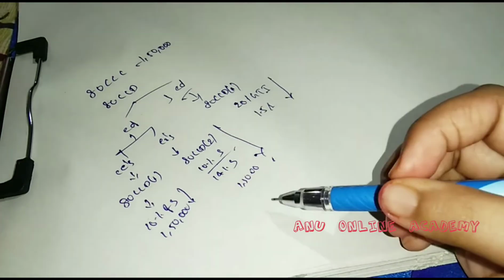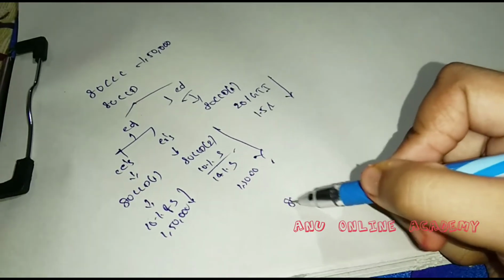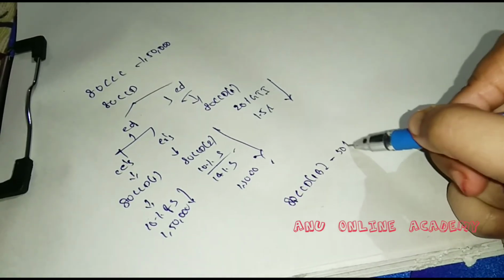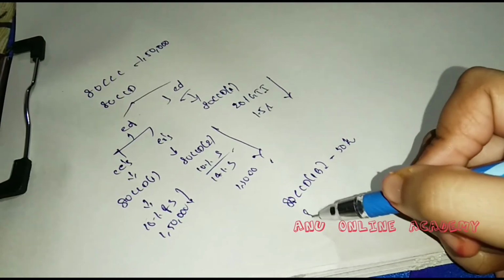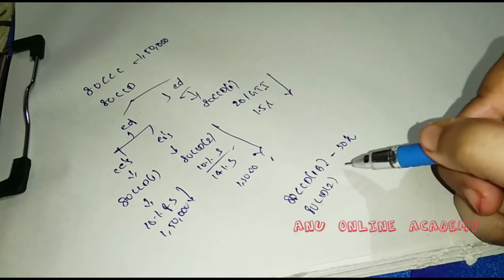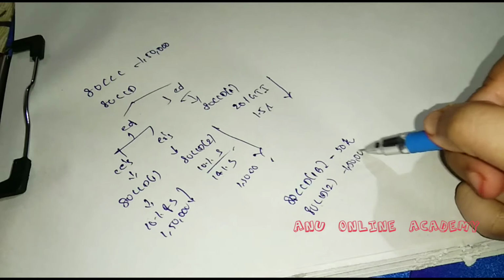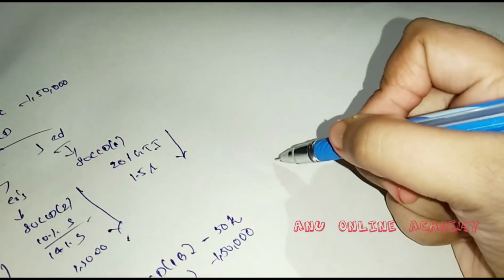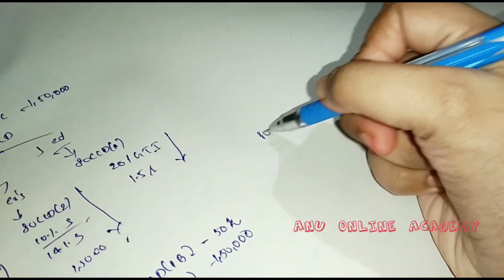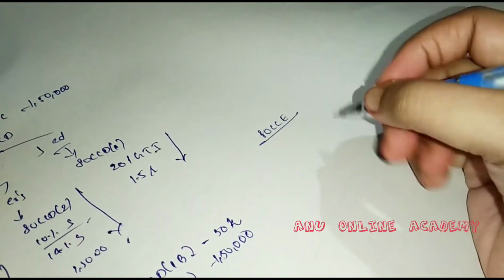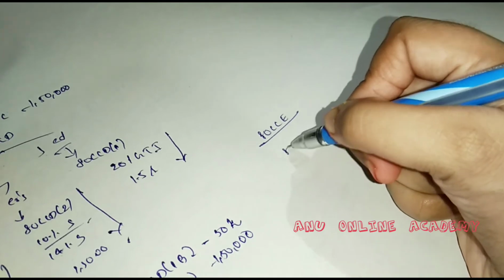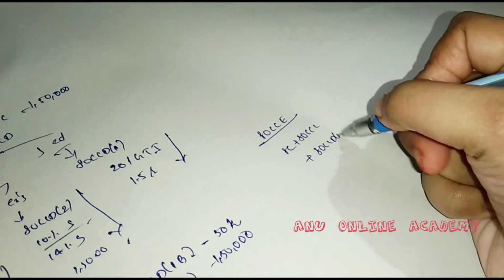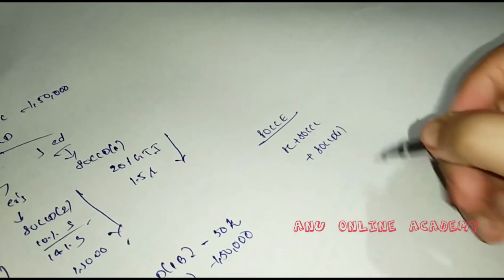80CCD(1B): additional 50,000 deduction allowed. 80CCD(2): deduction is exclusive of the 1,50,000 limit. And see the next section, 80CCE: maximum limit of deduction as per section 80C plus 80CCC plus 80CCD(1) is 1,50,000 maximum deduction allowable.